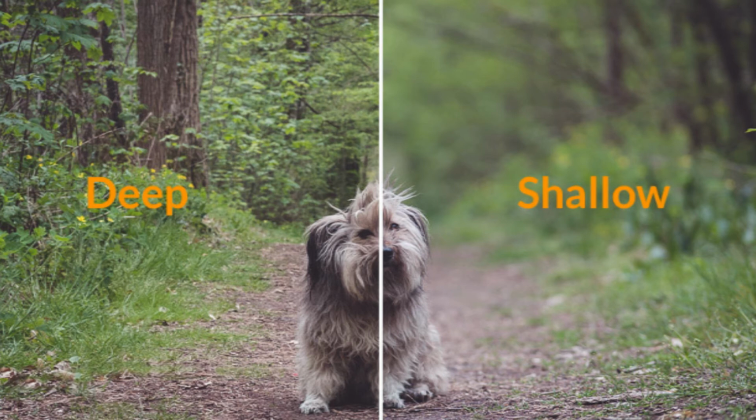But if your goal is to have a very sharp subject, sharp background, and everything in focus, that's a deep depth of field. You have a very small hole, with an f-stop number like 8, 10, 11, 12, 13, or 14, depending on your camera.